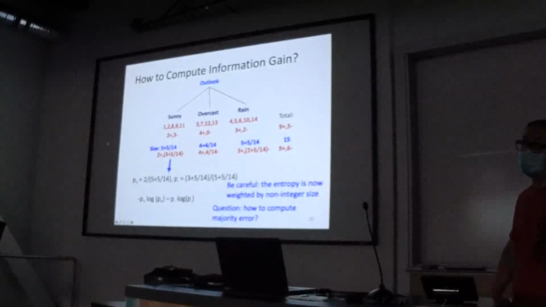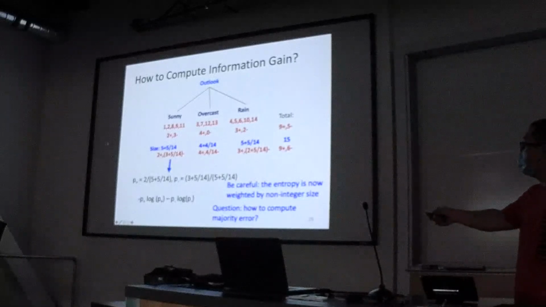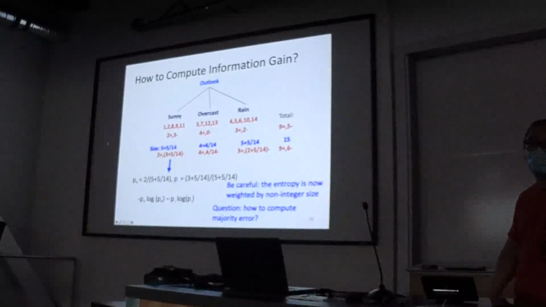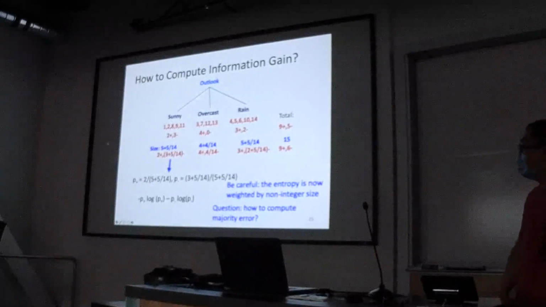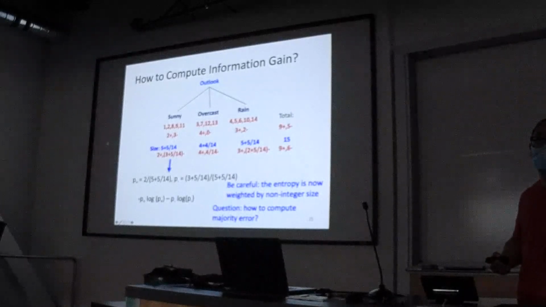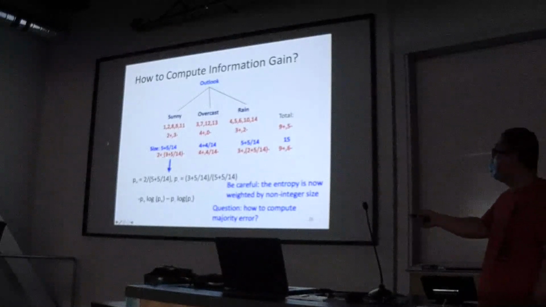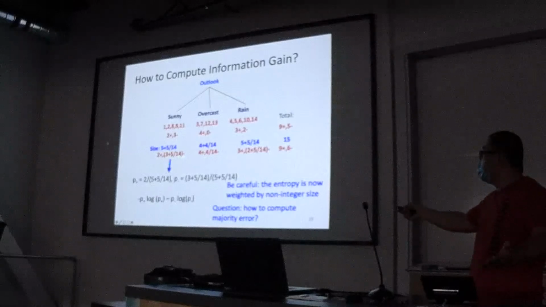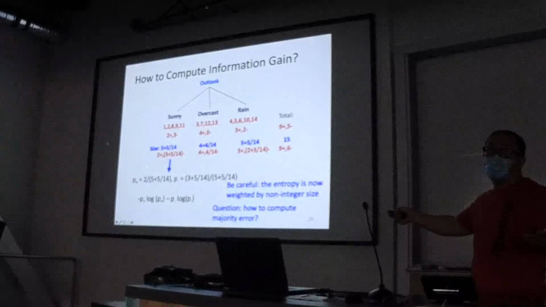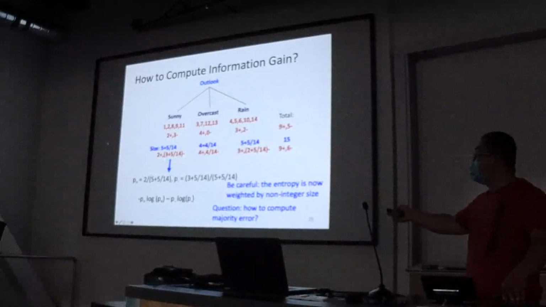What is the majority label for this subset? Yeah, it's negative, right? Because remember, these are non-integer numbers, but we can compare them. This one is bigger than this one, meaning that the majority label is simply negative, right?